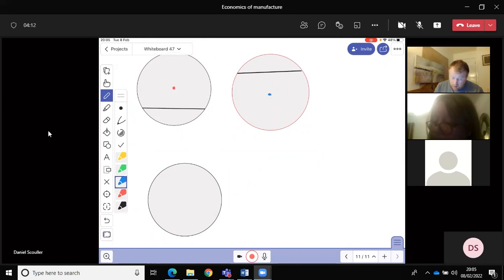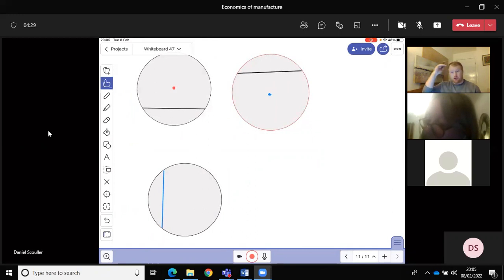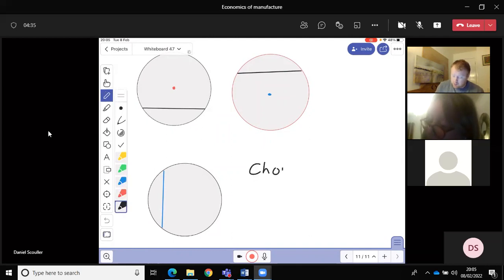Or it could be going sideways. So the chord could cut it like that. It cuts the circle into a wee segment there. So a chord is a straight line, edge to edge, but does not cut through the center. So that's a chord.